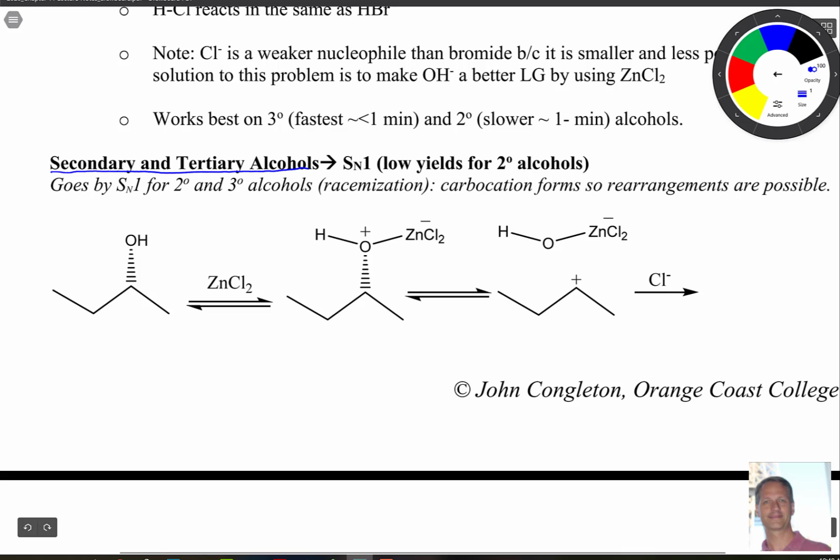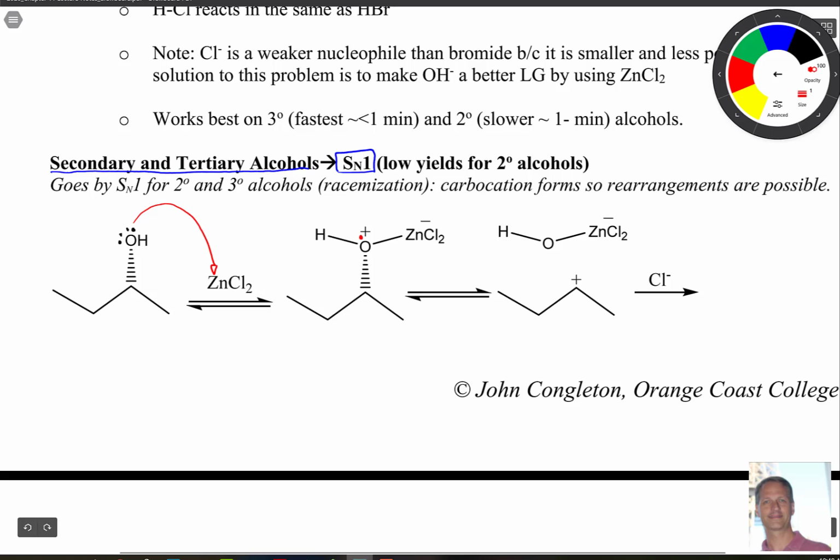The mechanism proceeds through SN1. All right, so let's take a look at the mechanism here, and let's put in some electrons and show the flow. What happens is these electrons are going to come over and make a bond with the zinc. And then you're going to form this charged intermediate complex.